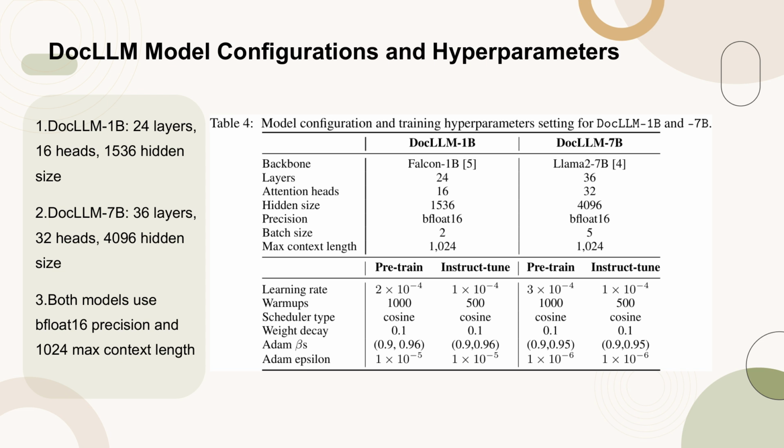In contrast, DocLLM 7B, based on the Llama 2-7B architecture, has 36 layers, 32 heads, and a hidden size of 4,096. Both models utilize float 16 precision and a maximum context length of 1,024. The table also outlines the specific learning rates, warm-up steps, scheduler types, weight decay, and Adam optimizer parameters used during pre-training and instruction tuning phases for each model.